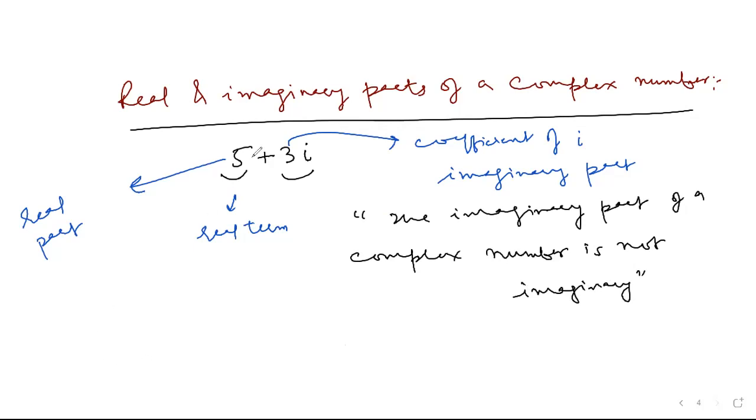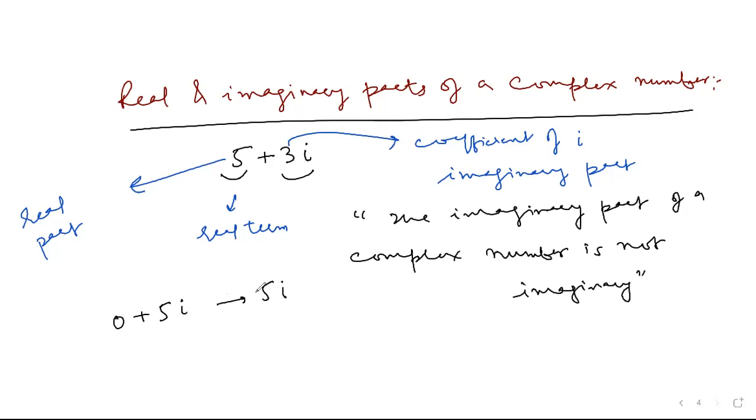If the real part is 0, the complex number is called imaginary, or for emphasis, pure imaginary, right? The 0 real part is usually omitted. Thus, 0 plus 5 iota is written just as 5 iota, right?